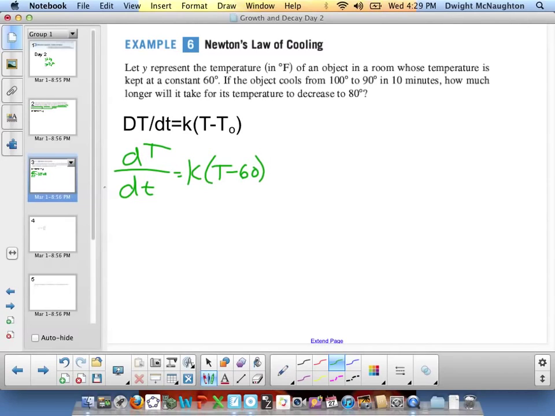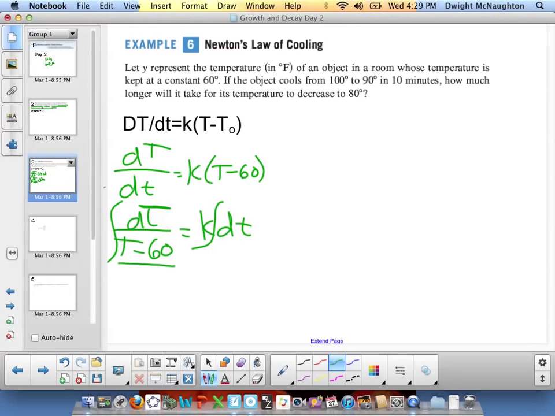Remember, to solve a differential, you want to get your variables that are the same on the same side. So I'll get my capital T's on the left and my lowercase t's on the right. And now it's a differential, so we'll integrate it.